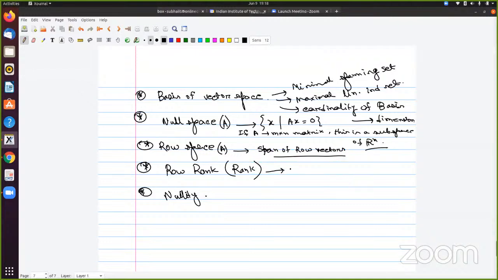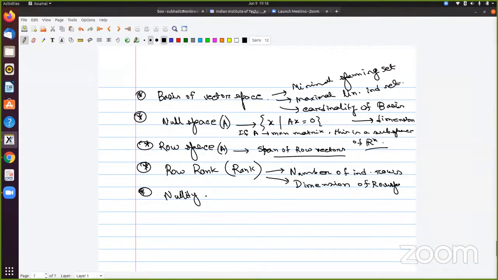Now, what is row rank? Number of independent rows. Dimension of row space. Number of non-zero rows. So the same thing you can call the dimension of row space.